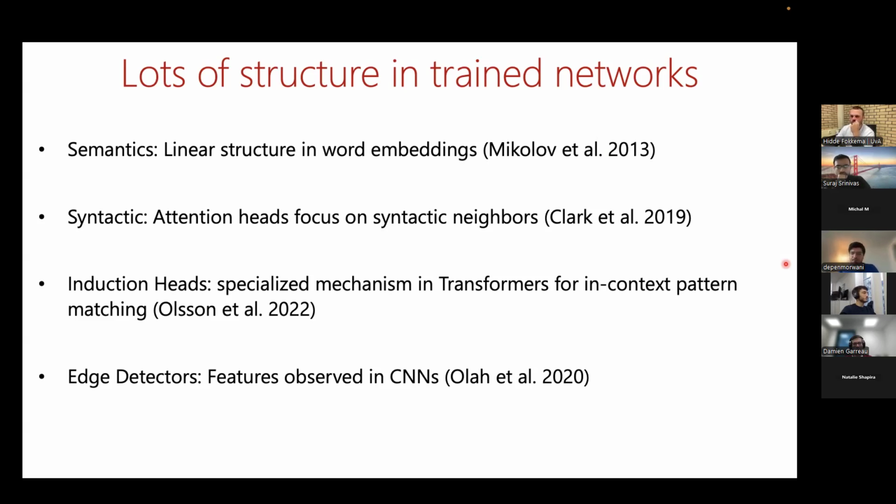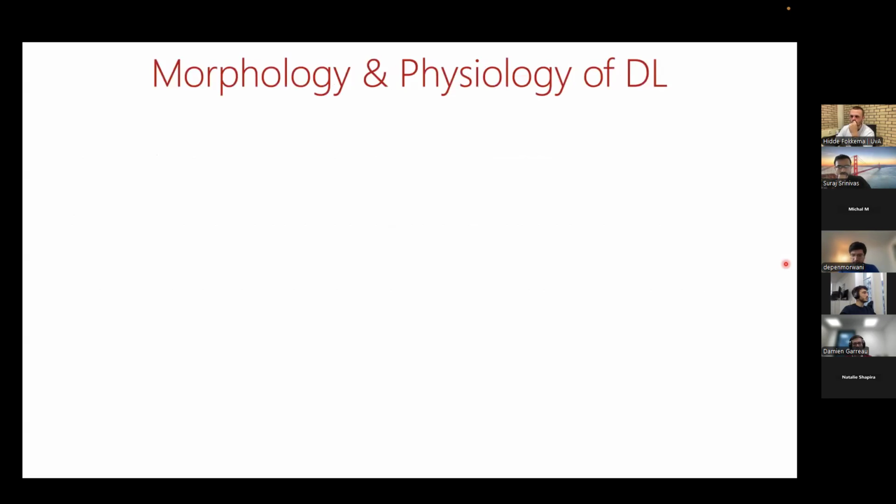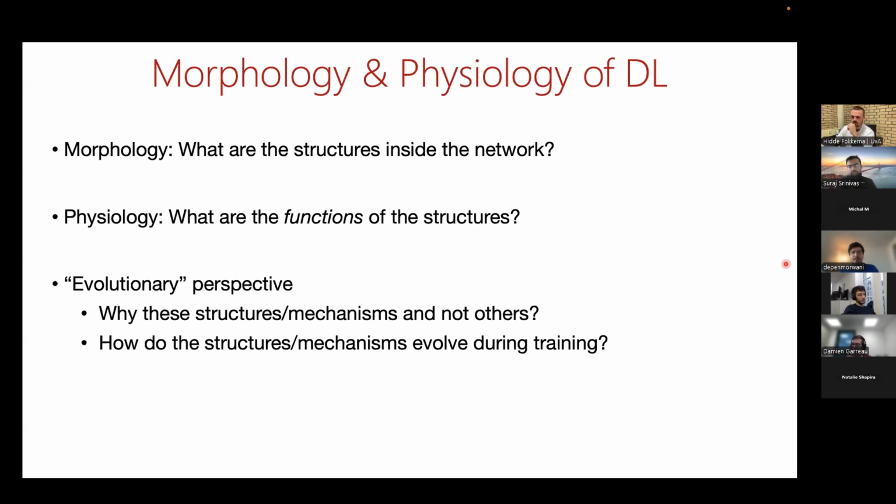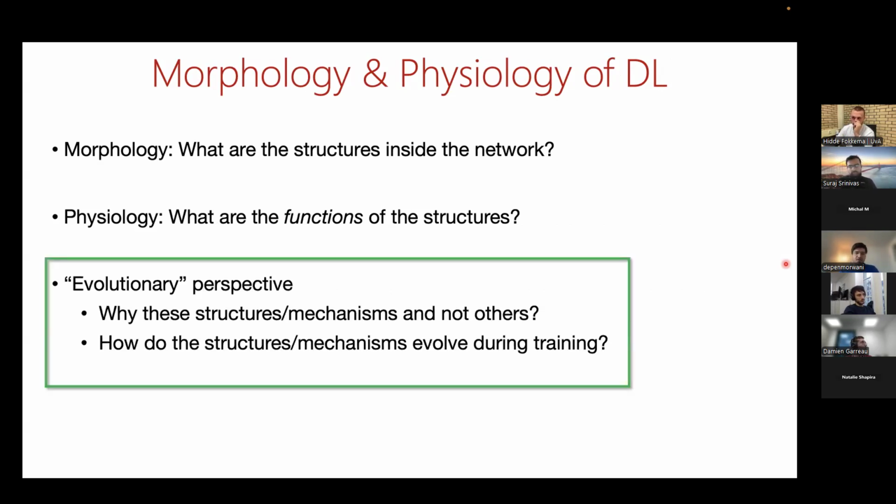Okay, so we do know that there is a lot of structure in trained nets. The main thing is that this is something like the morphology and physiology of deep learning. We have tried to study what the structures inside the net are, and we have also tried to study the functions of these structures, but I think we have not really looked at an evolutionary perspective.